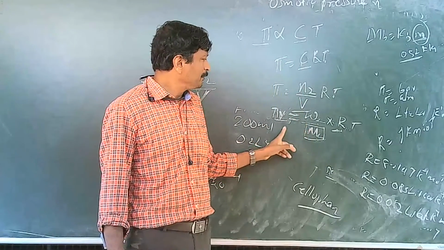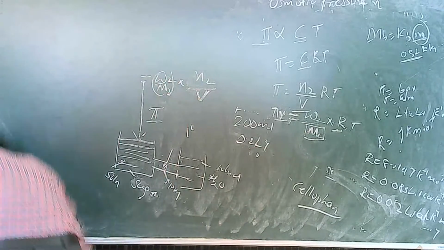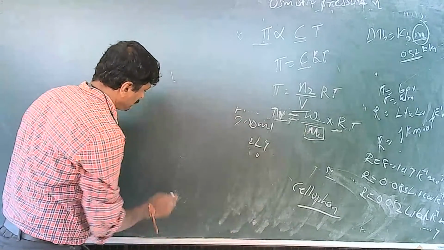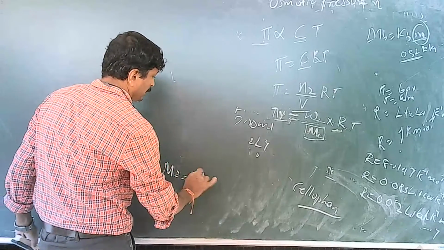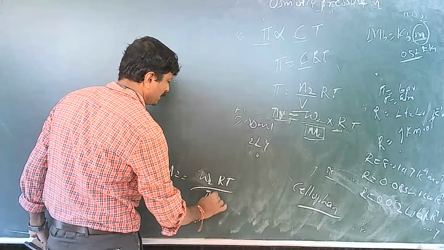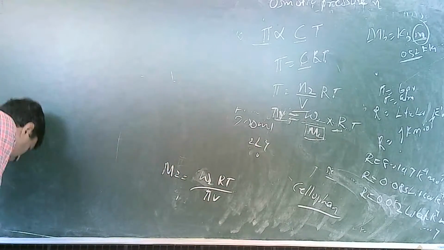So M2 is equal to W2RT divided by pi V. So you can find out the molar mass of the solute.